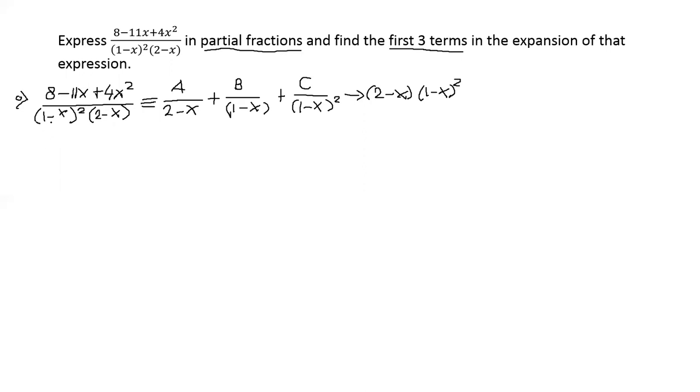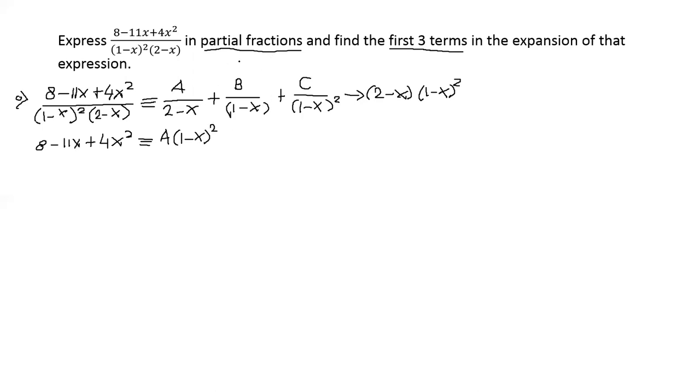So the numerator becomes like this: 8 minus 11x plus 4x squared is identical to, if this term is multiplied by these terms, a times 1 minus x squared.